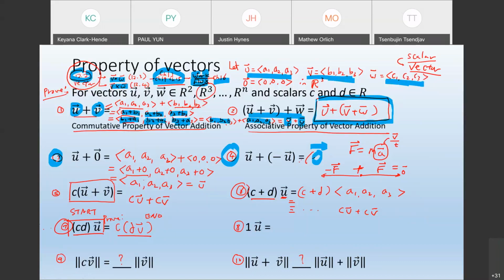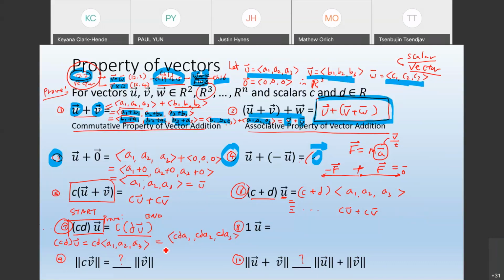Justin, in your chat, put the addition sign, okay? I know what you mean. You mean CU plus CU, right? Good job. Everyone got it? So it's kind of obvious that we get CD A1, and then CD A2, and CD A sub 3.